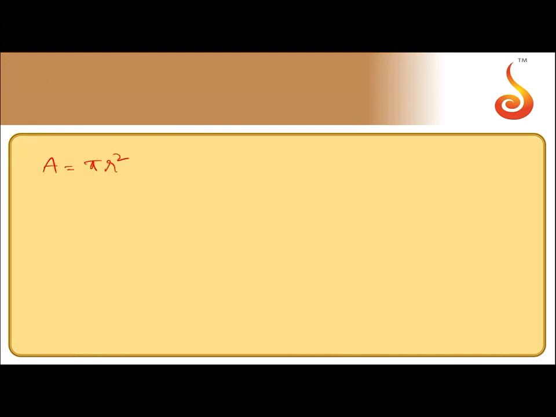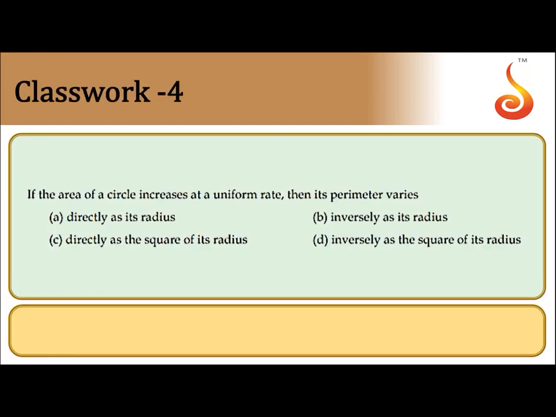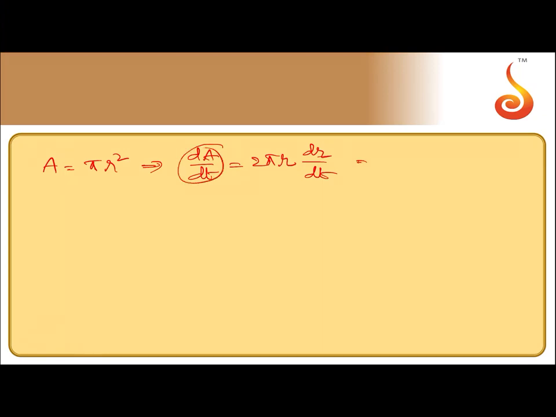A = πr², and therefore dA/dt = 2πr dr/dt. Of course, the area is increasing at a uniform rate means this is a constant value. So therefore, I say this is equal to k.